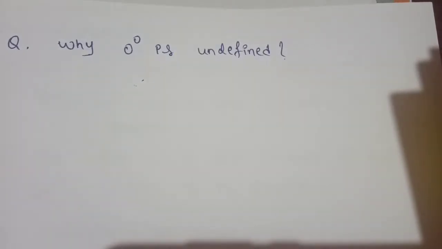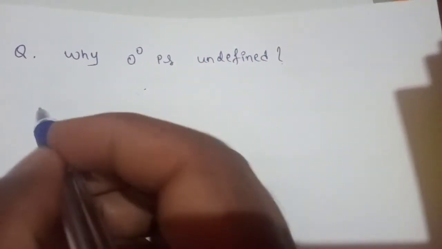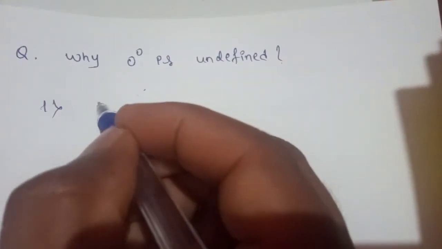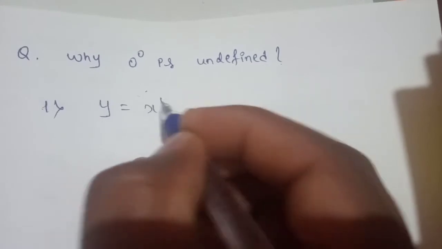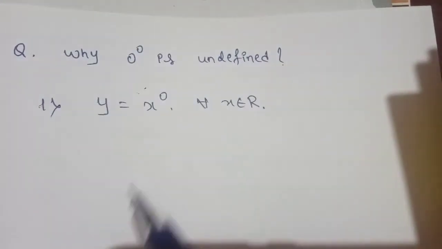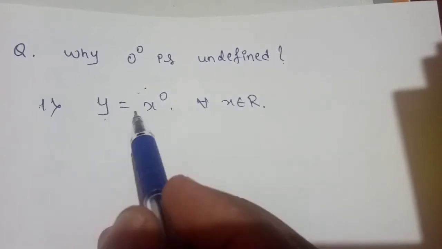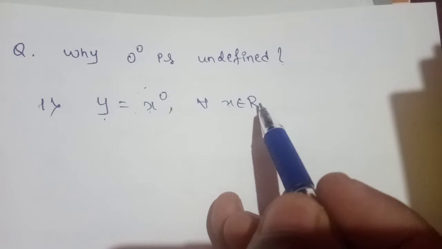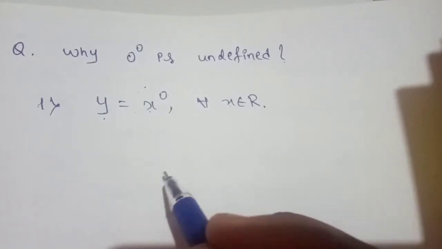In the graphical method, here I consider a function: let y is equal to x power 0 for all x belongs to R. Here I define the function y is equal to x power 0 where x belongs to real numbers. Let's plot a graph.